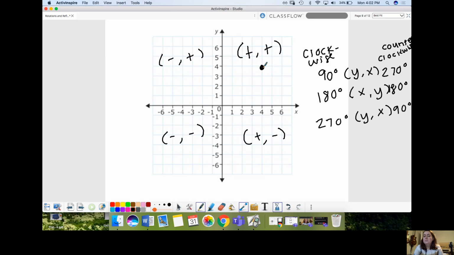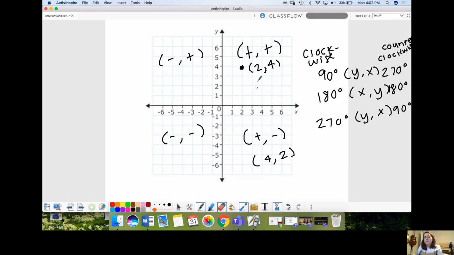So let's take this point, let's do a different one so it's a little bit more clear. Let's do a point right here. So the ordered pair for this point is going to be at 2, 4, because we put our X and then our Y. If we're trying to go 90 degrees clockwise, we know if we're going 90 degrees, we swap our X and our Y, right?